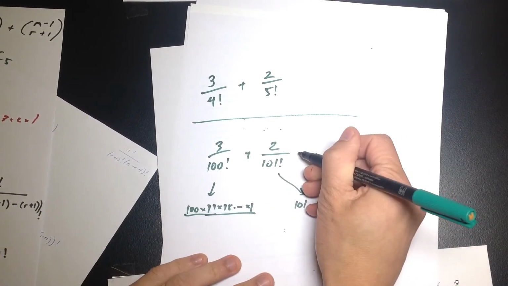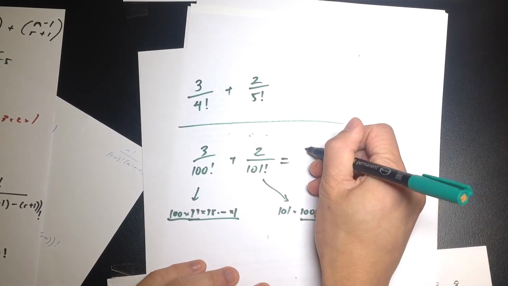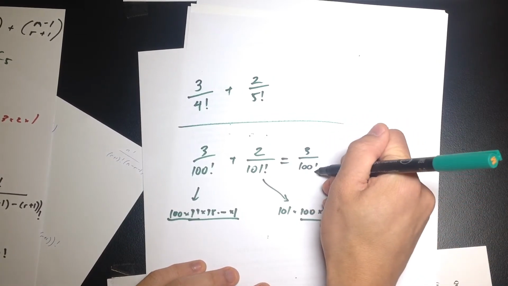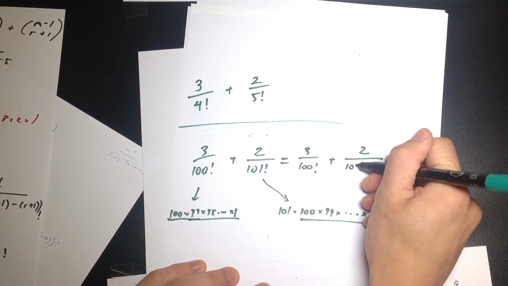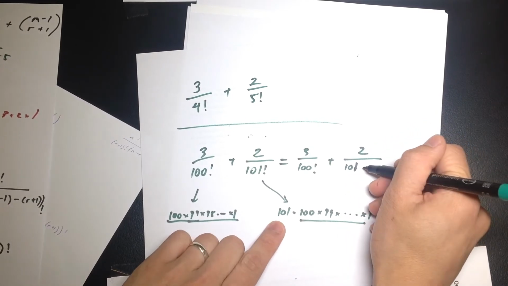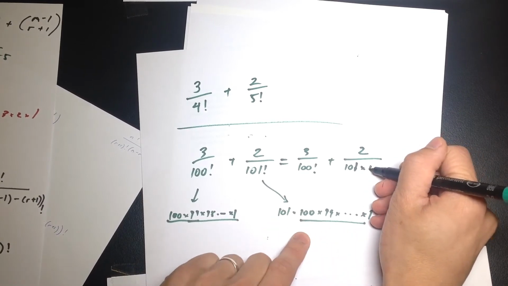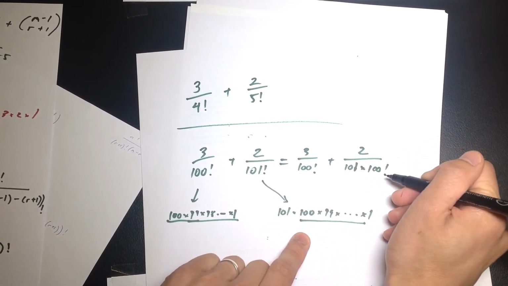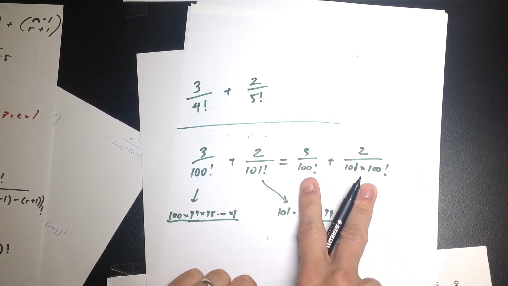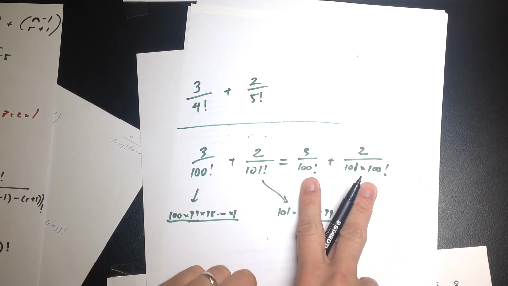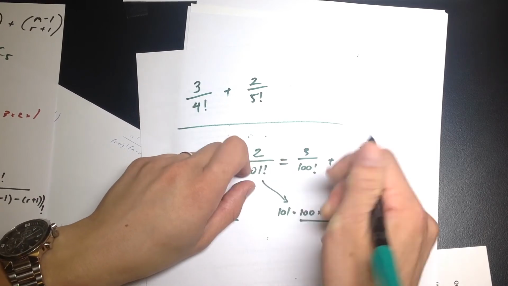So what I could do is rewrite this. I could say, look, this is 3 on 100 factorial, but this is 2 on 101 times 100 factorial. That's another way of writing 101 factorial. Now, this is a lot easier to work with, because if I want these on a common denominator, the only thing I need to do is multiply the first fraction by 101.